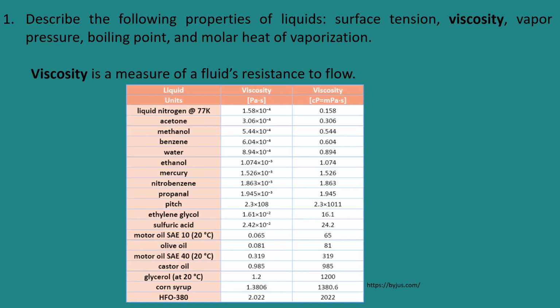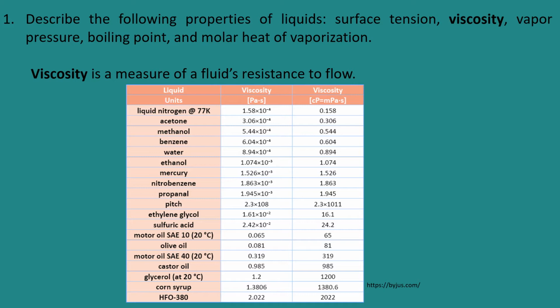So let's now have the second property of liquid, which is viscosity. Just to differentiate it, surface tension is connected to the surface area, or when liquids tend to form the least surface area possible.